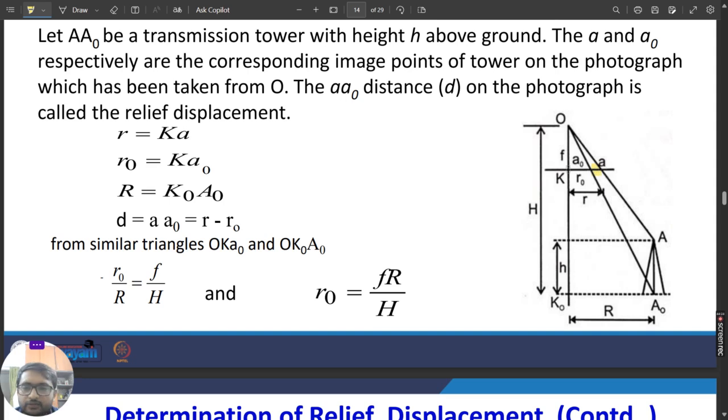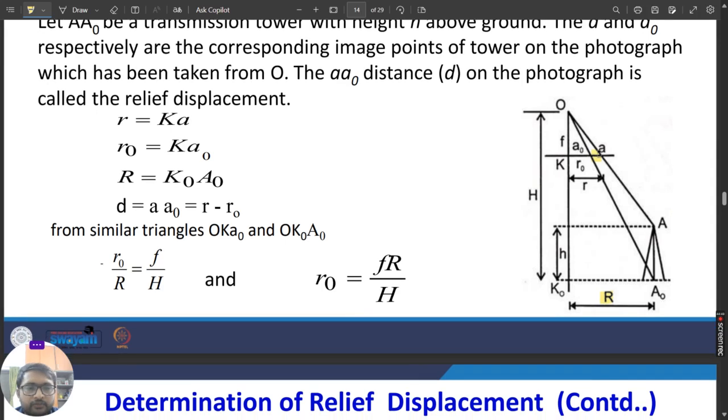Now we want to find out that d. We will use the similarity of triangles. Here you can see the small r is KA, and r naught is K A naught. If we find the capital R, it will be K naught A naught, which is the distance between the principal point and the top of the tower.